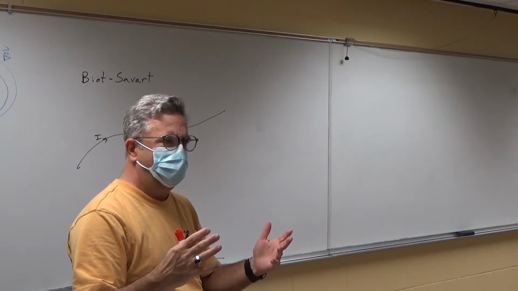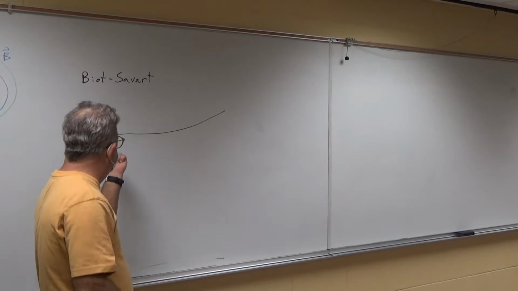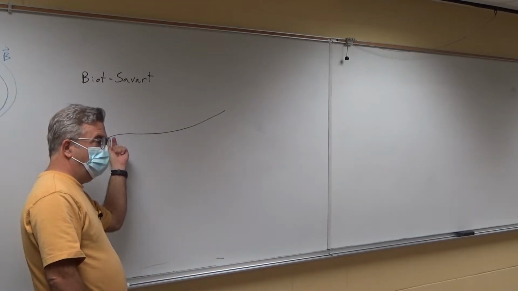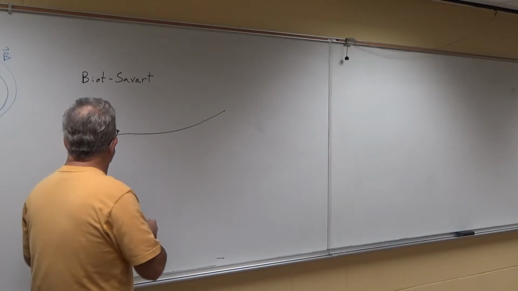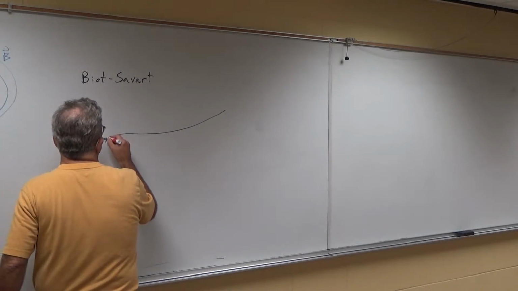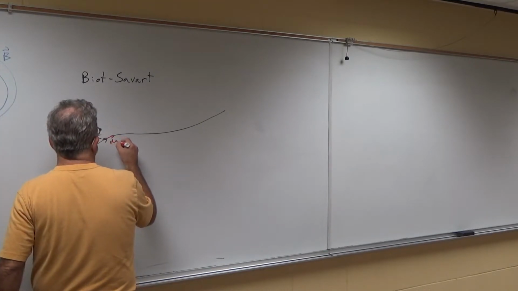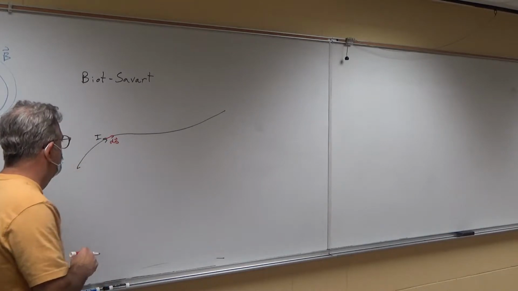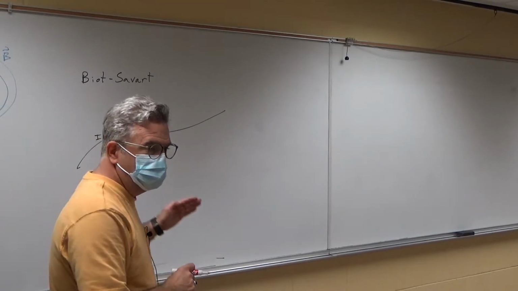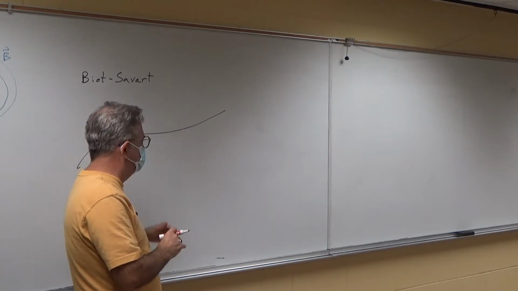This is the same kind of idea. You break it up into little segments of current, okay? So this would be that little displacement vector ds. All right, so it follows the direction of current.